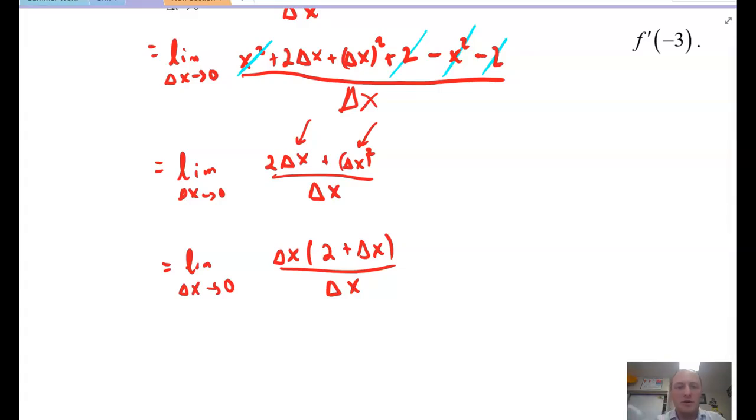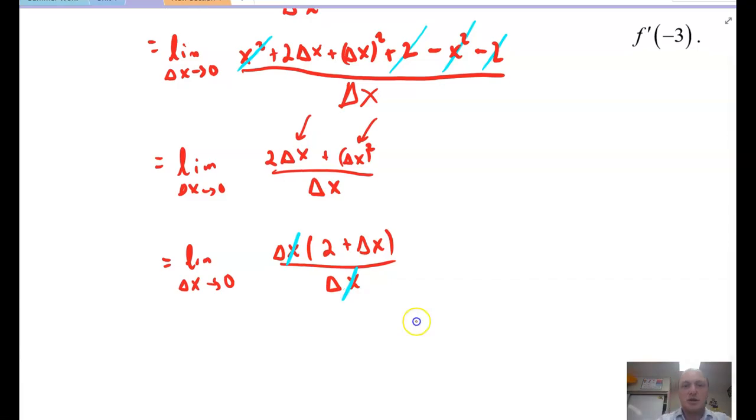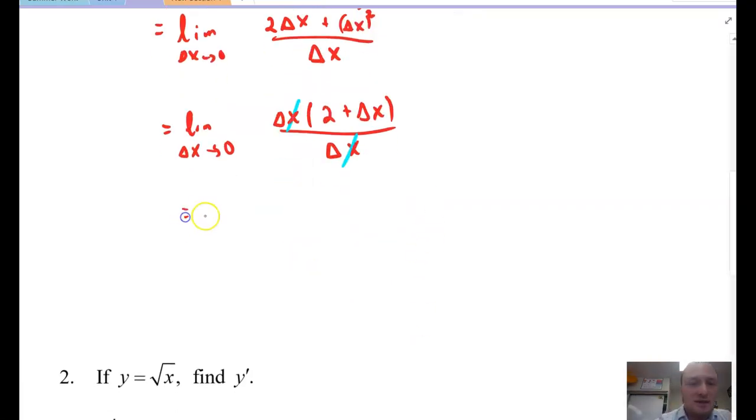And lo and behold, what do you notice? Delta x cancels. And we get the limit as delta x approaches 0 of 2 plus delta x.